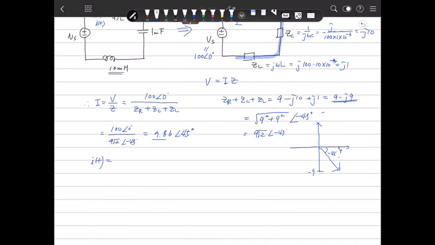I magnitude is 7.86 and cosine, omega is the same, so 100t and phase is plus 45 degrees. And the unit is ampere. So this is a very simple problem, but to calculate some equations, you need to use a calculator.